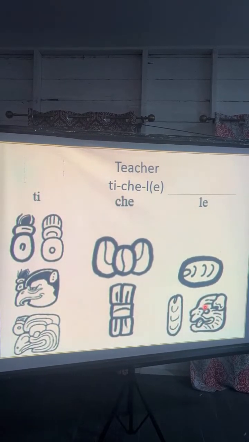That's the only one in this sentence that carries a little symbol, so it's only one of them that uses an alternative sound. So here you go, teacher. For you that are at home, these are the glyphs you will use to create teacher.